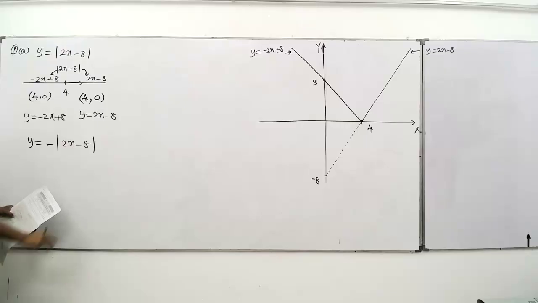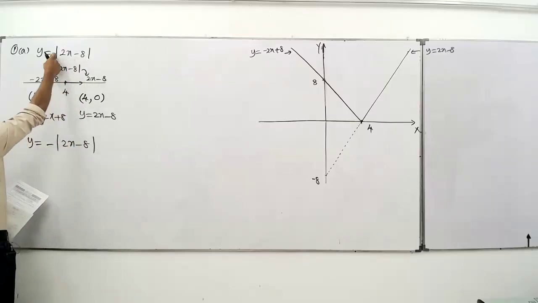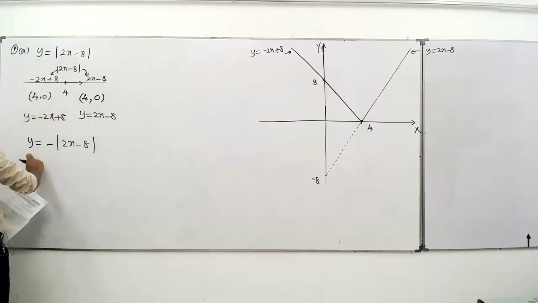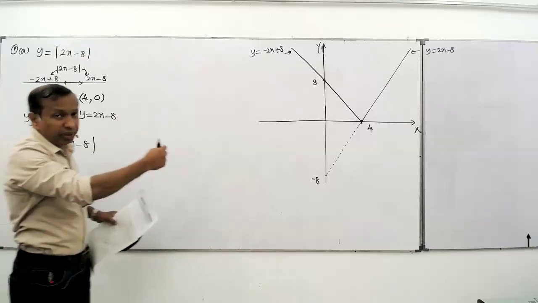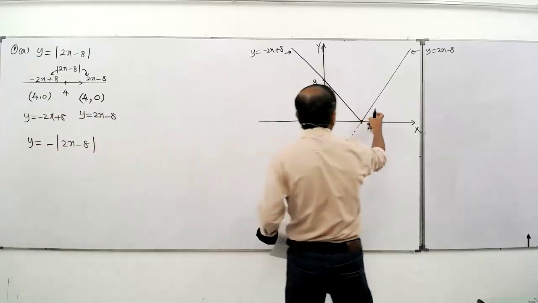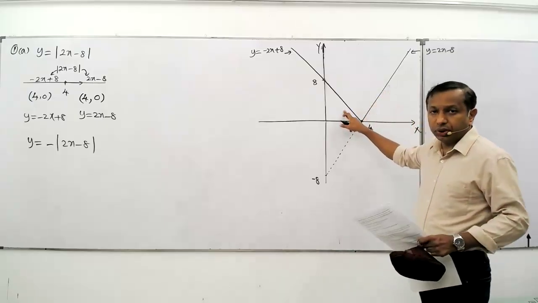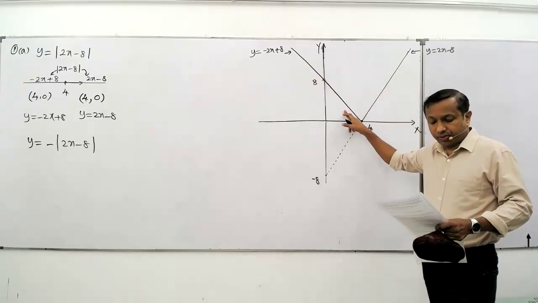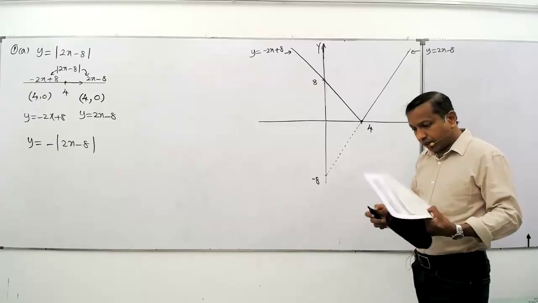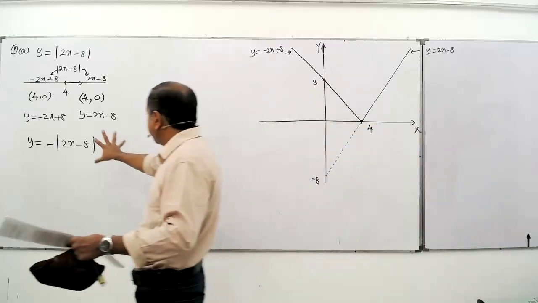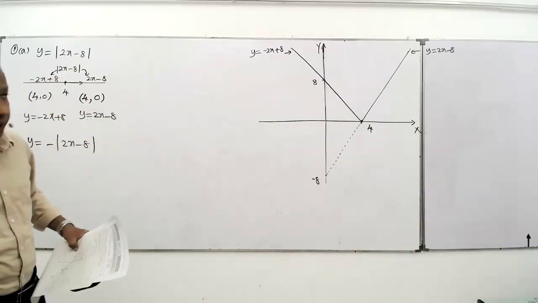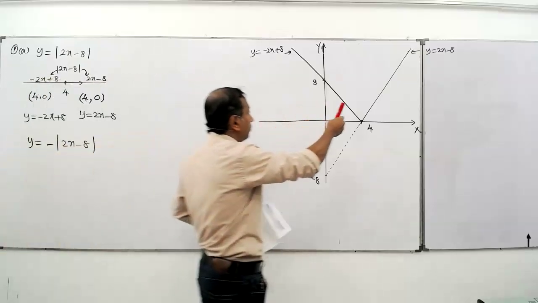When you multiply the right hand side by a minus sign, the new graph is the mirror image of this graph through the x-axis. So therefore, we can draw this graph by taking the mirror image of this.